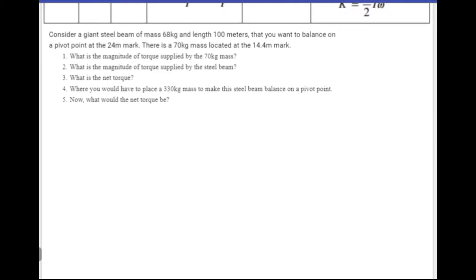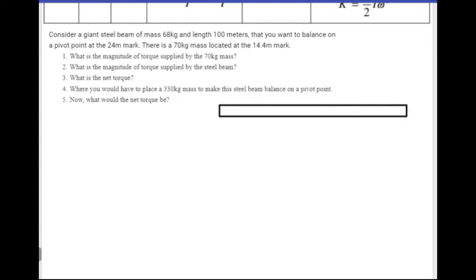So first thing I recommend we do is go ahead and draw a picture of what's happening over here. So I'm going to draw my beam really quickly. So here is my beam, and then I'm going to label what's happening. It says my beam is 100 meters long. So from here to here is 100 meters. It says my beam has a mass of 68 kilograms. And it says that I have a pivot point at 24 meters.